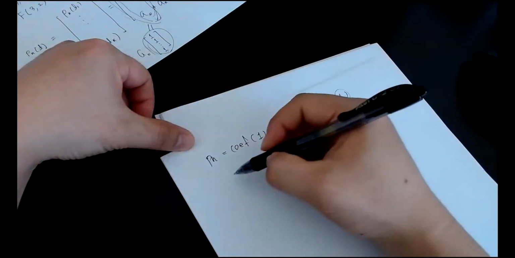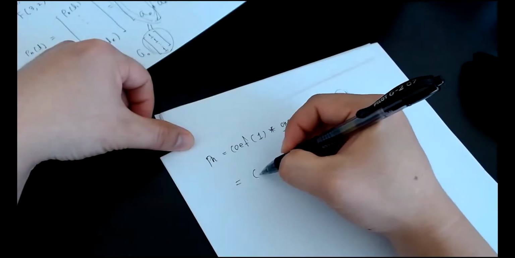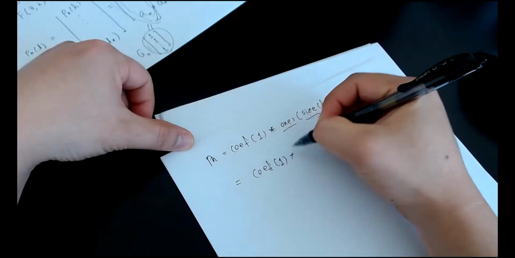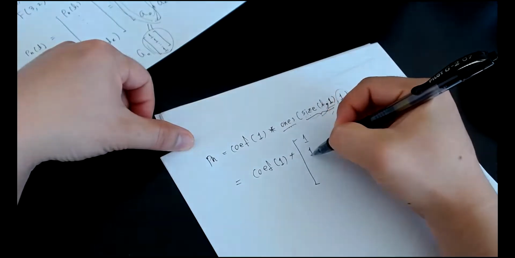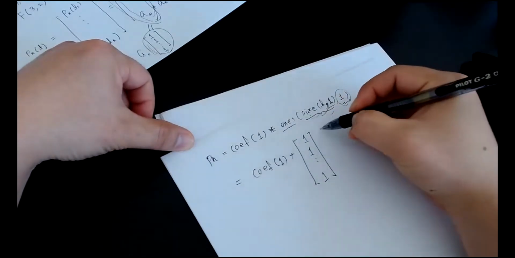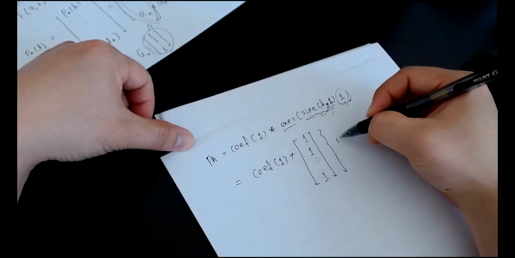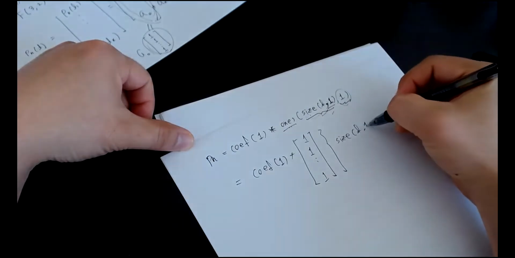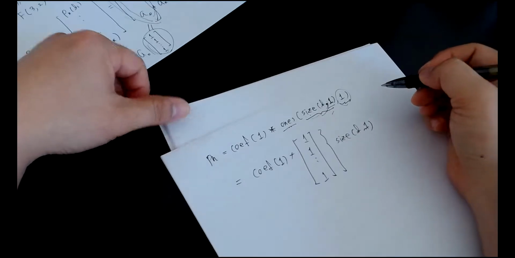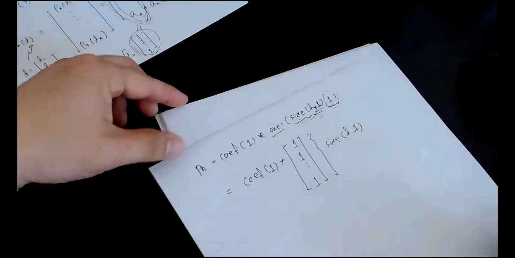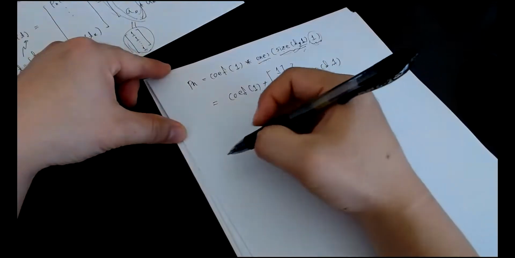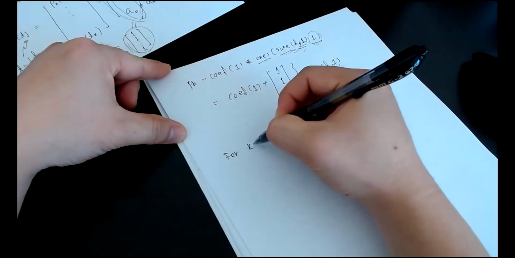So this is equal to coef 1 times 1, 1 through 1, and the number of entries, which is the number of rows, must be equal to size t comma 1.